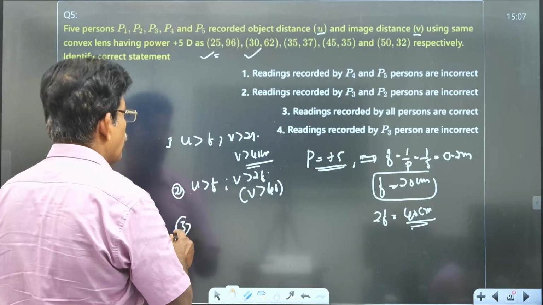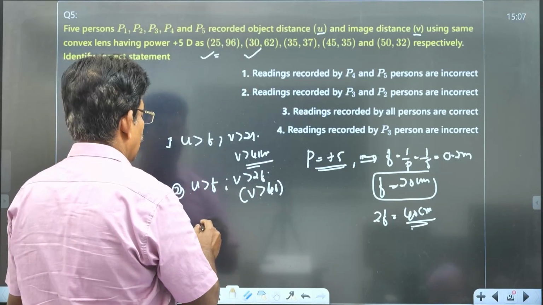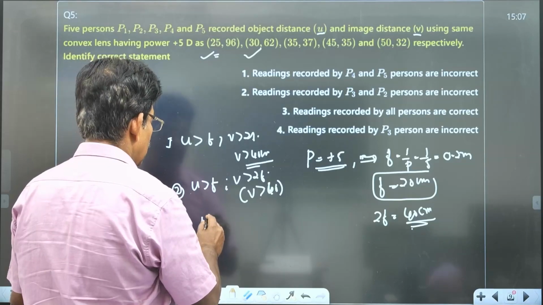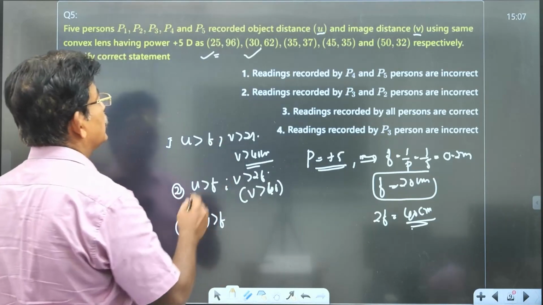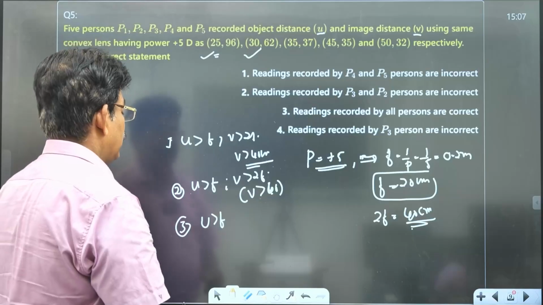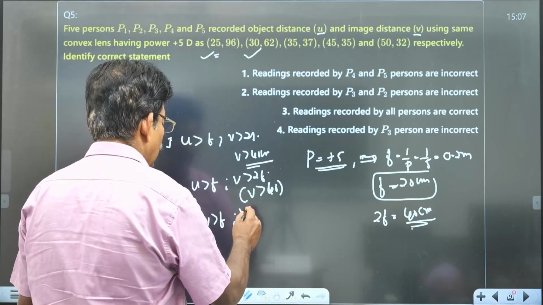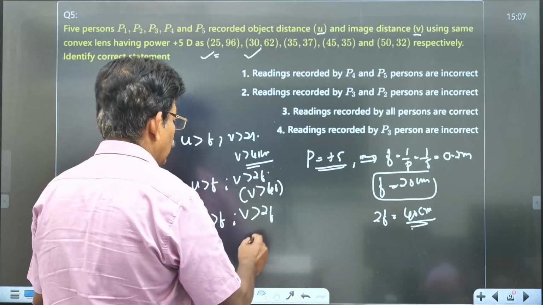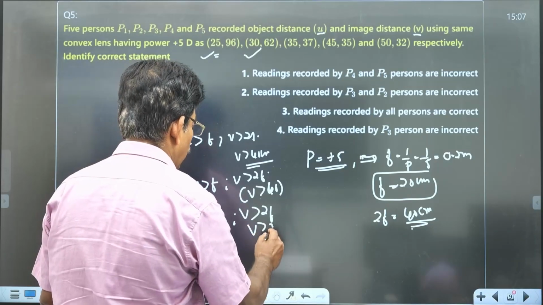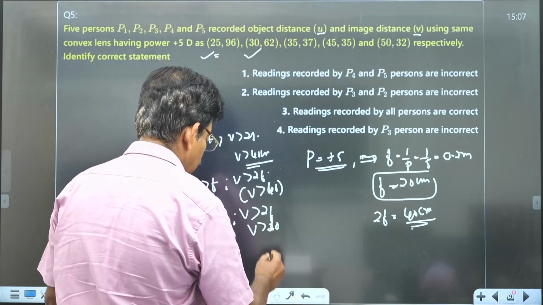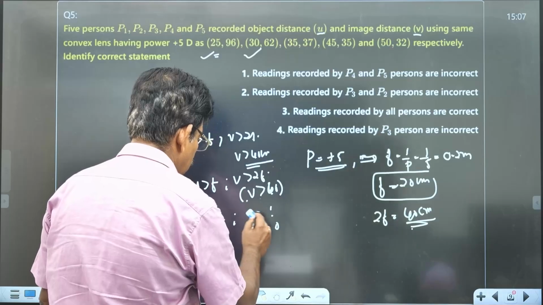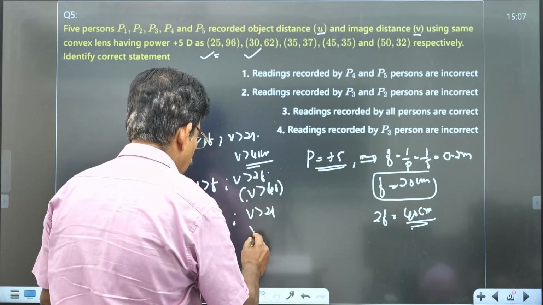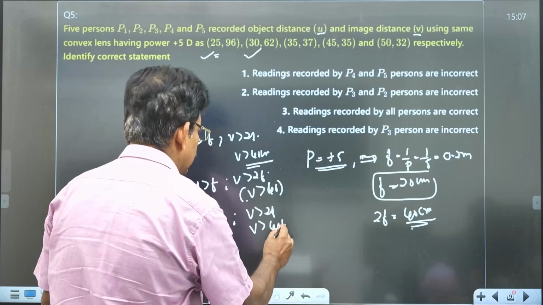Third option, U is greater than F because U is 35. Therefore, V should be greater than 2F, isn't it? So V should be greater than 40 centimeter.